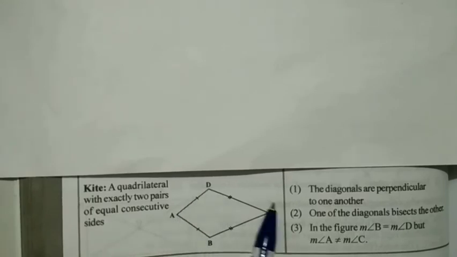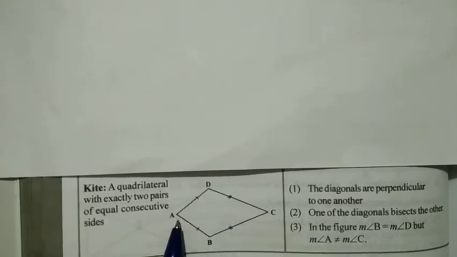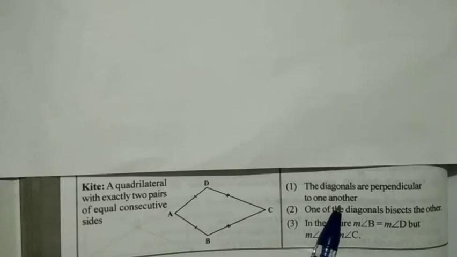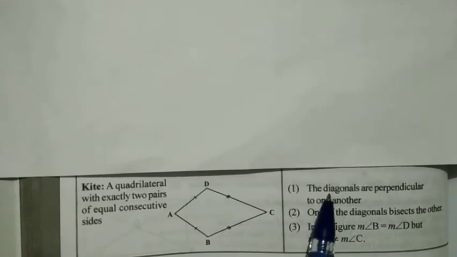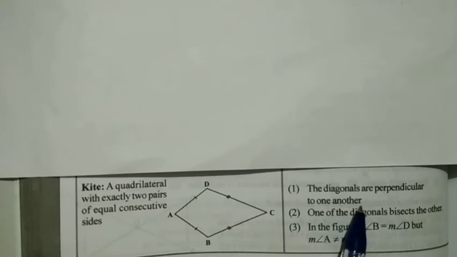Here is a kite. The properties of kites: first, the diagonals are perpendicular to one another. Once again, the diagonals BD and AC are perpendicular to one another.